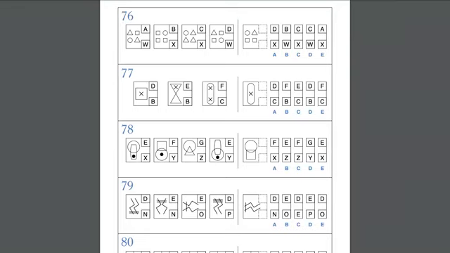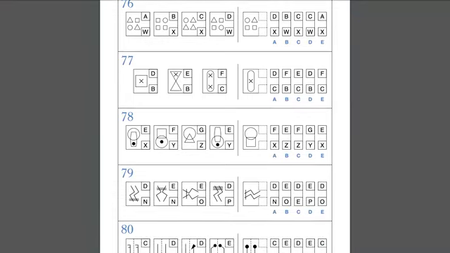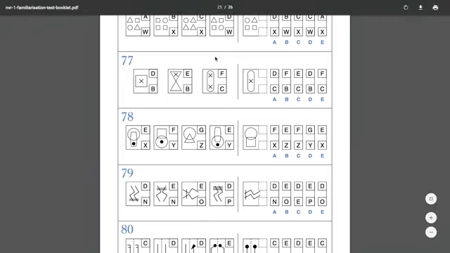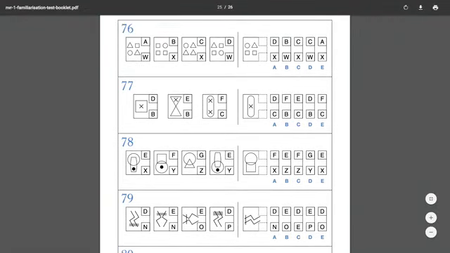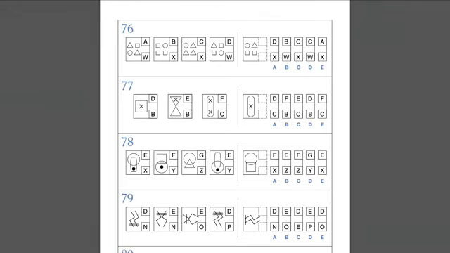So the answer for 76 is A. DX. D basically represents two shapes of one side and two of different, and X represents basically two types of shapes only inside the circle.